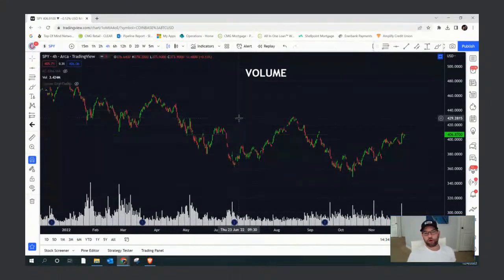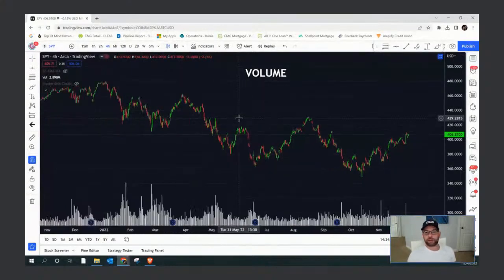If it's done on low volume, you'll most likely get a rejection. Or you can have what's called a throwover and then get a rejection. It's what's commonly called a bull trap in this situation. In another situation like this candle here, a bear trap. But let's look at some volume.